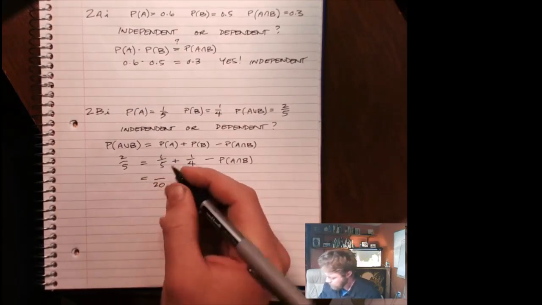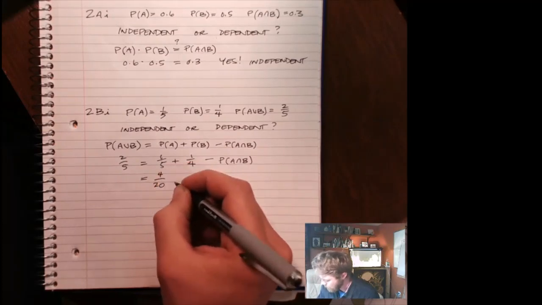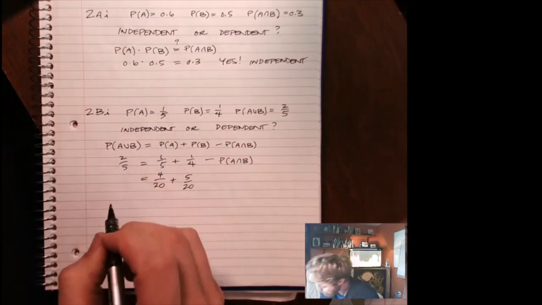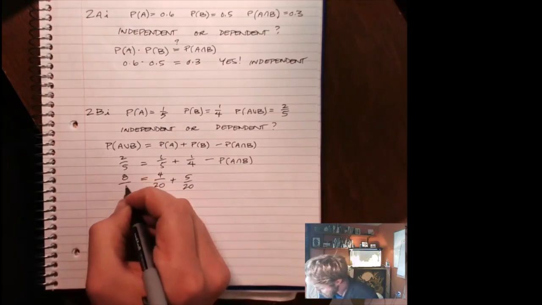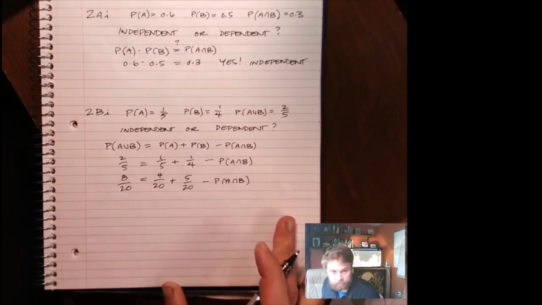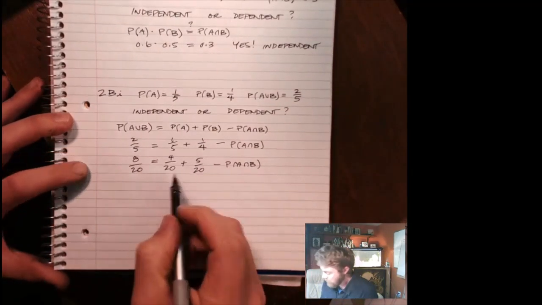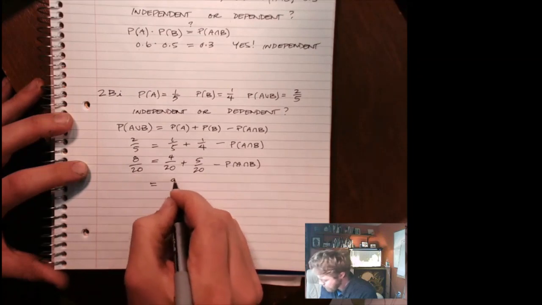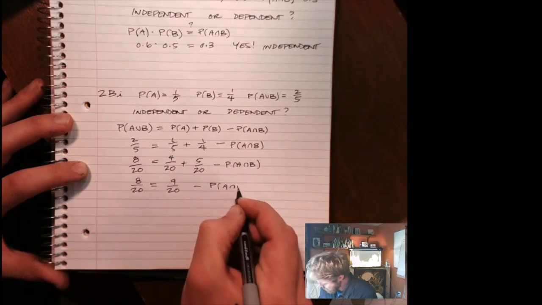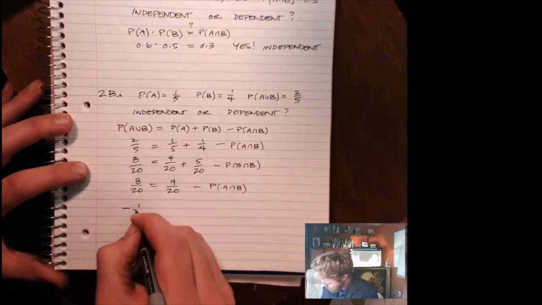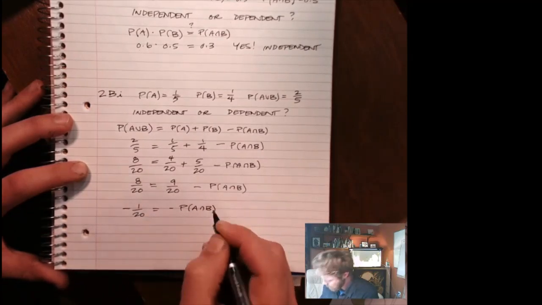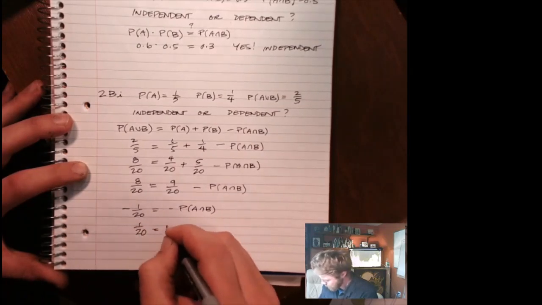So this would be 4/20ths plus 5/20ths, okay, so 9/20ths. And we'll subtract that, it'd be negative 1/20 equals negative probability A intersection B, which means positive 1/20 is the intersection.